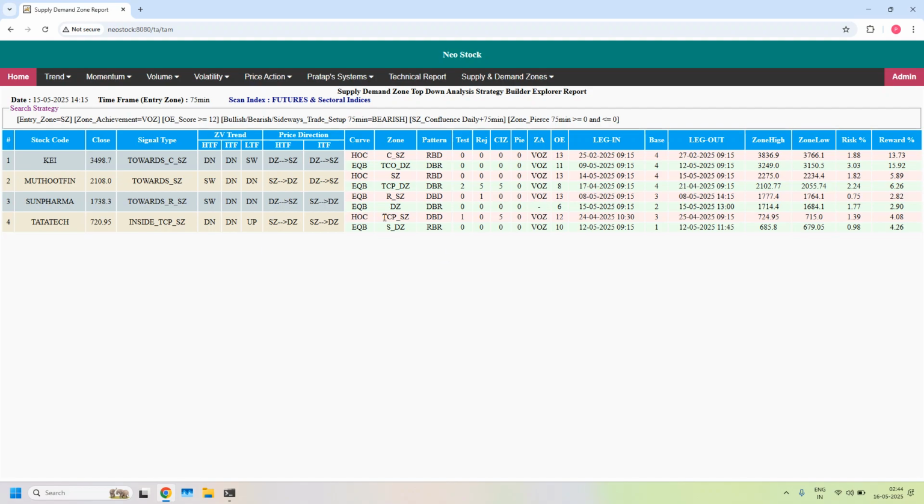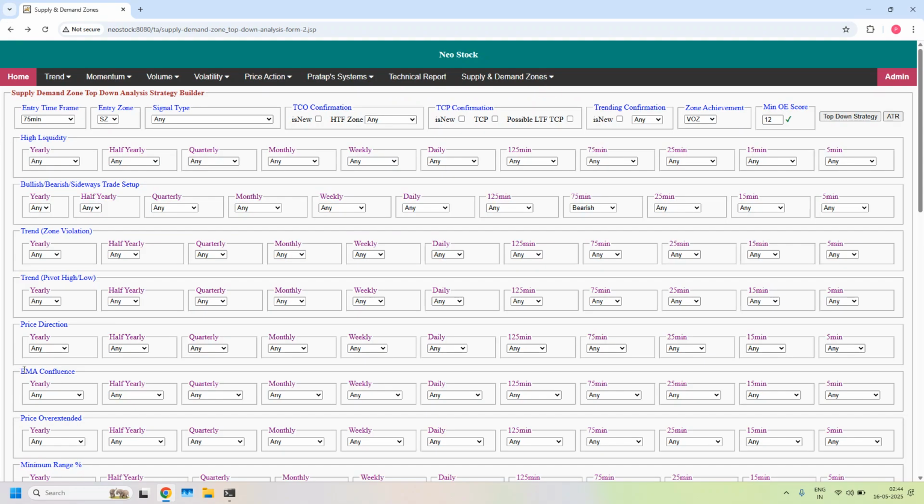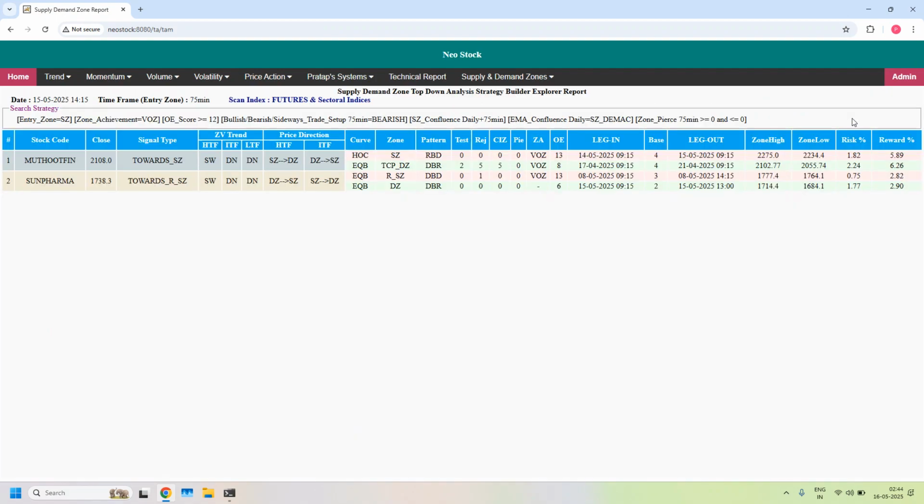In these 4, the 75 minute supply zones overlapped with the daily supply zone, and the daily trend is down in all the stocks. So let's verify the daily supply zone with daily EMA confluence. So two stocks are filtered. These two 75-minute supply zones might have more high probability to get success.